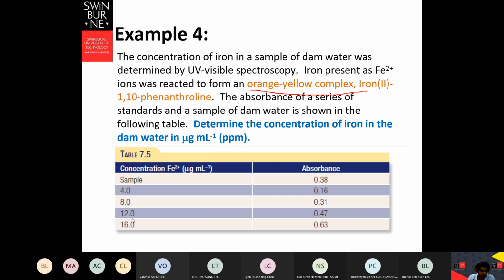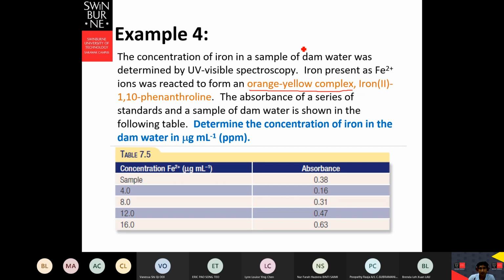All right, this is important. If it were iron 3, it will be colorless. Sorry, iron 2 was; iron 3 is colorless, so iron 2 will produce some color.